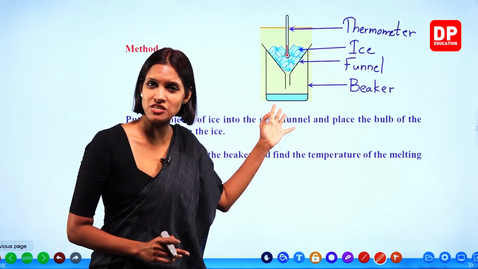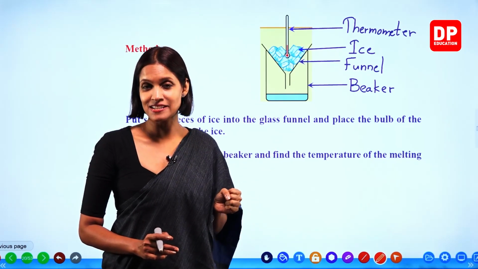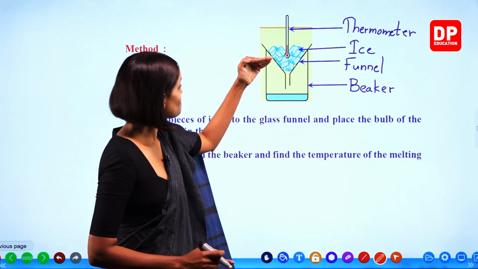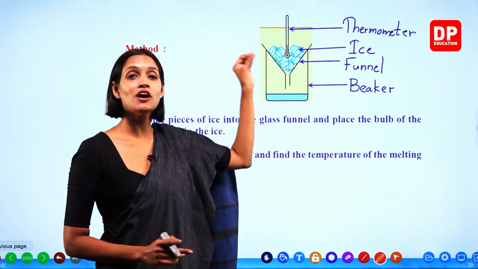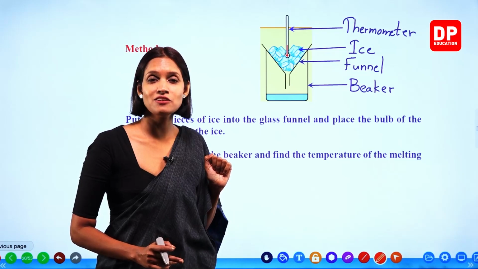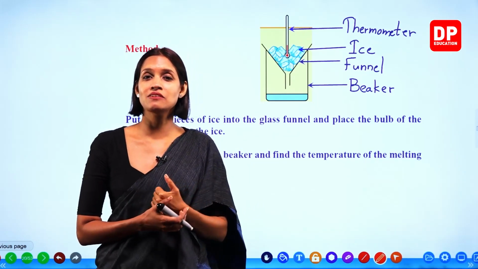The temperature was 0 degrees Celsius. It remained the same without changing throughout the time period. So what is the conclusion that you can come up with after doing this activity?